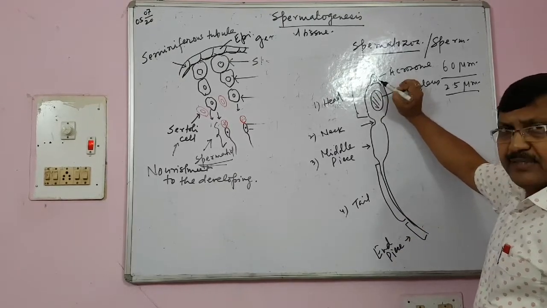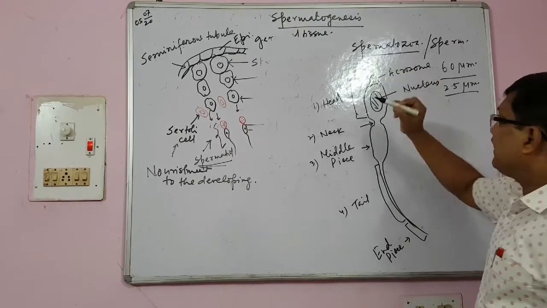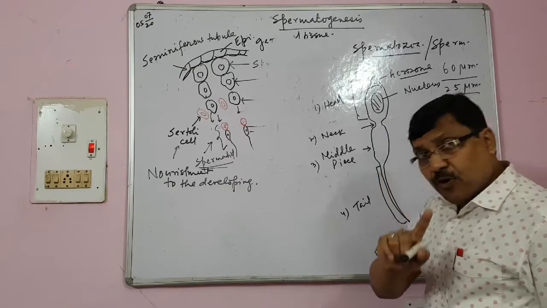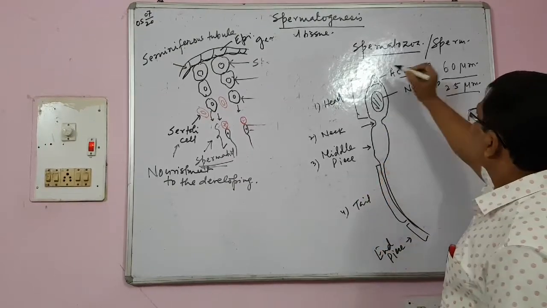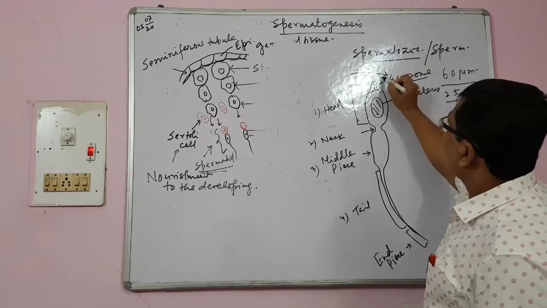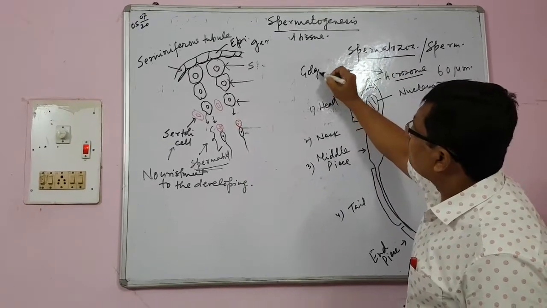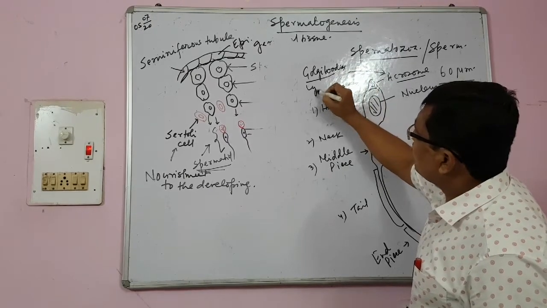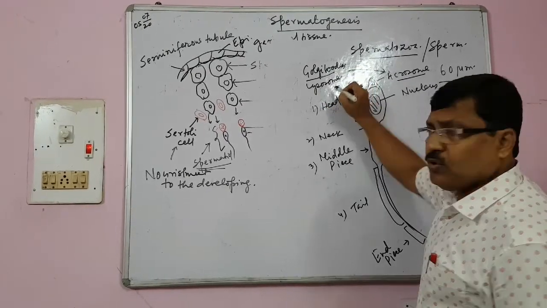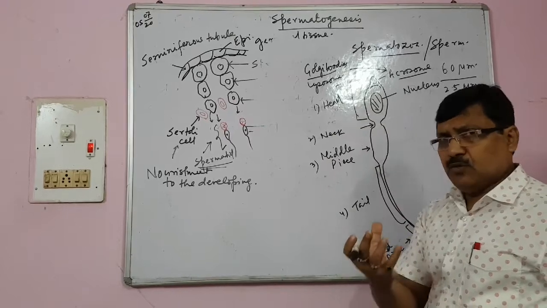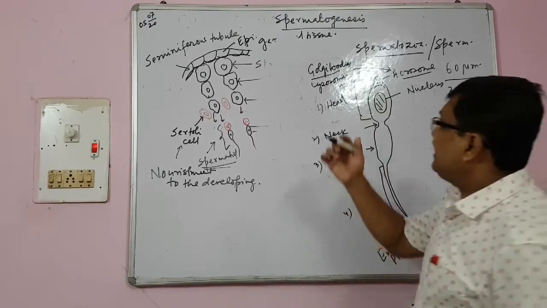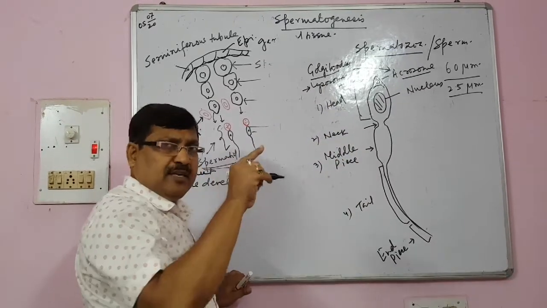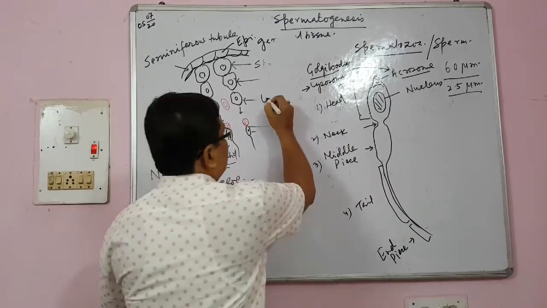The tip of the head, the pointed part of the head, is the acrosome, and this acrosome is formed by Golgi bodies. This acrosome has Golgi bodies as well as lysosomes. So when lysosomes are present, lysozymic enzymes are present here.